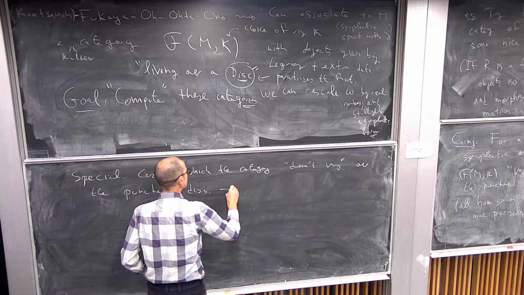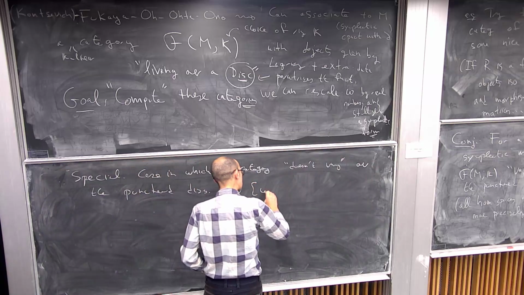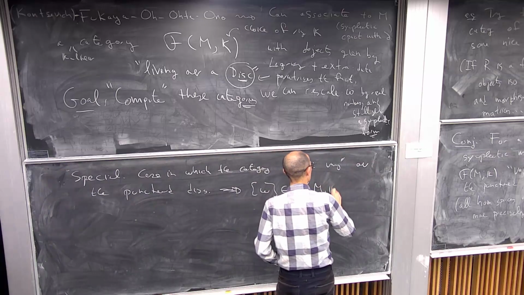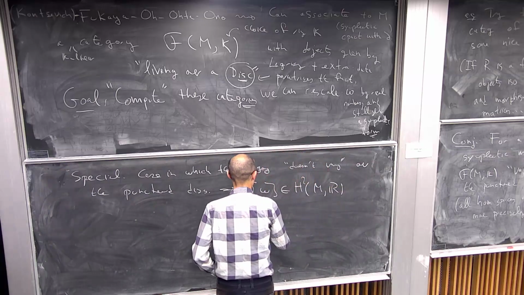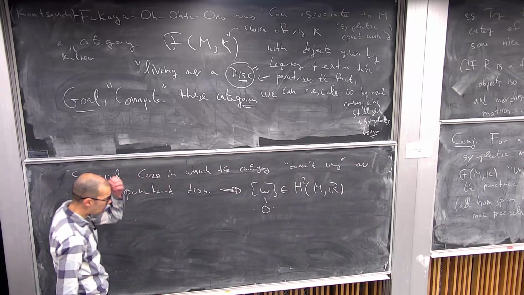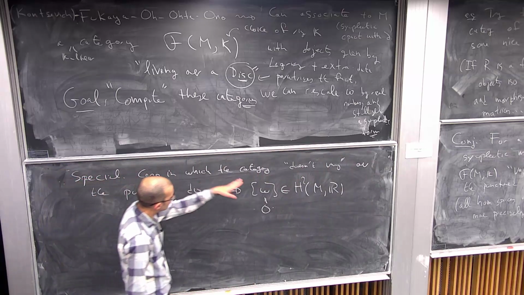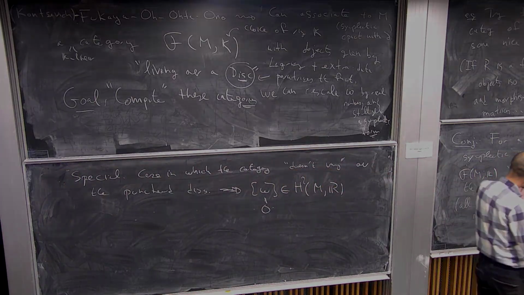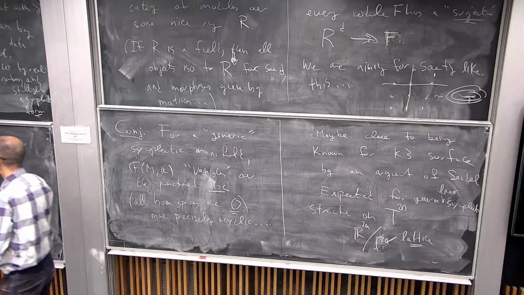And that's the case in which the class of the symplectic form in the second cohomology is 0. You can imagine what's going on here is that if you rescale the symplectic form, in general you get a genuinely different symplectic manifold.